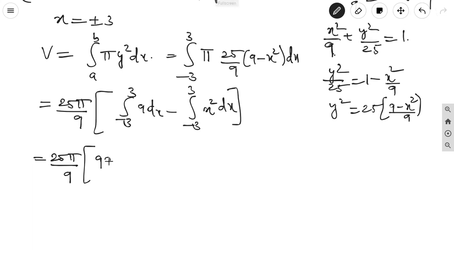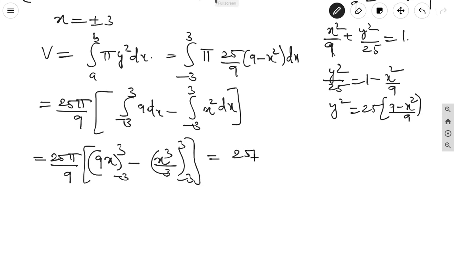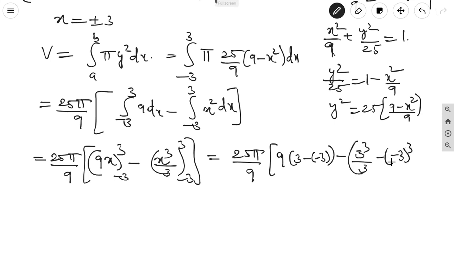Integral 9 dx is 9x, limits from minus 3 to 3, minus x square integration is x cube by 3, limits minus 3 to 3. It is equal to 25 pi by 9 into 9 into 3 minus of minus 3 minus 3 cube by 3 minus 3 whole cube by 3.